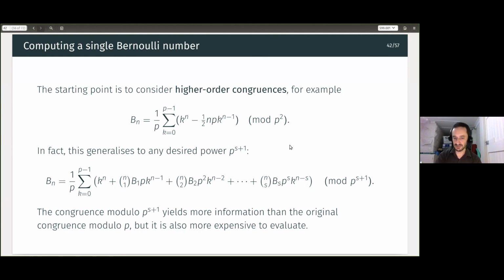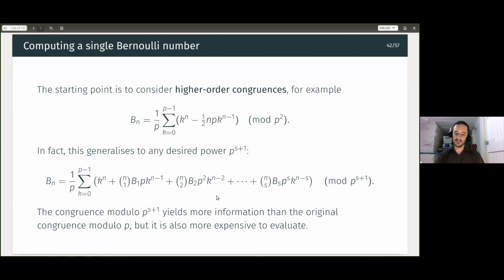So here is the formula for the Bernoulli number modulo p to the s plus 1. It involves these binomial coefficients, and it involves the Bernoulli numbers up to s, which is very nice. Number theorists in the audience might realize this is connected somehow to the p-adic L functions associated to the trivial character. So there's some interesting stuff going on there.